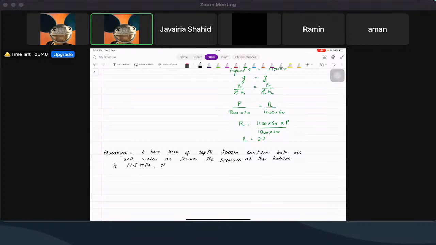Then says the density of oil is 830 kg per meter cube, and density of water is 1000 kg per meter cube. Says what is the depth x of the oil?